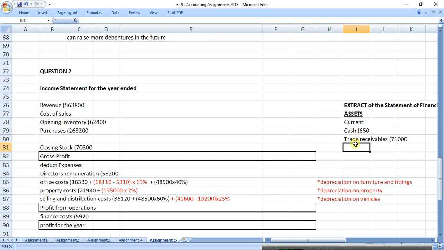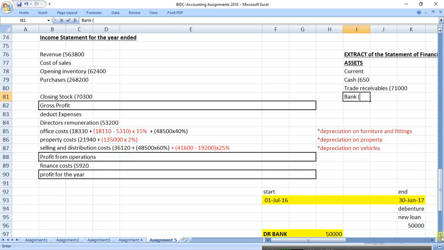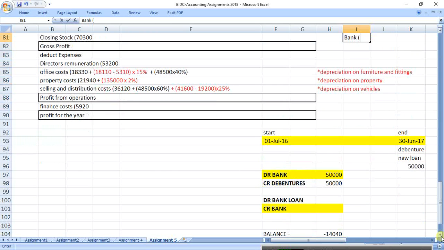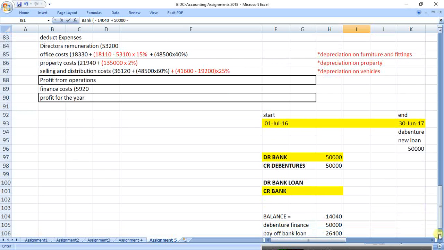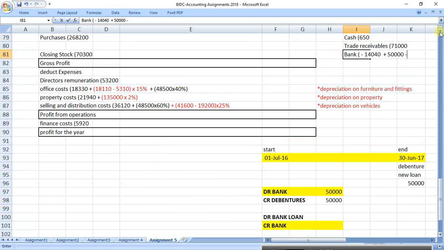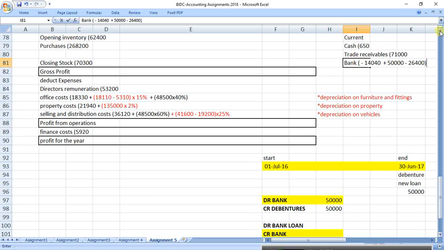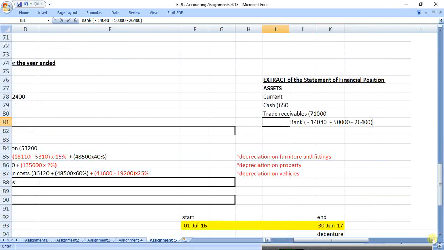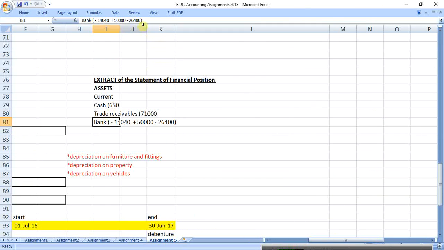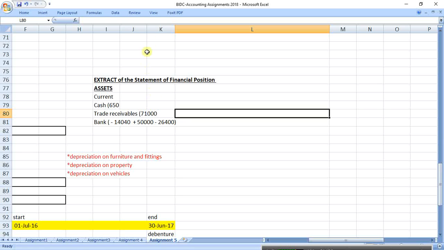So we're going to add a line, bank, open brackets, minus 14,040 plus 50,000 minus, what is the other figure? 26,400, close brackets. In the extract I need to show that, and that gives me an answer. How much?